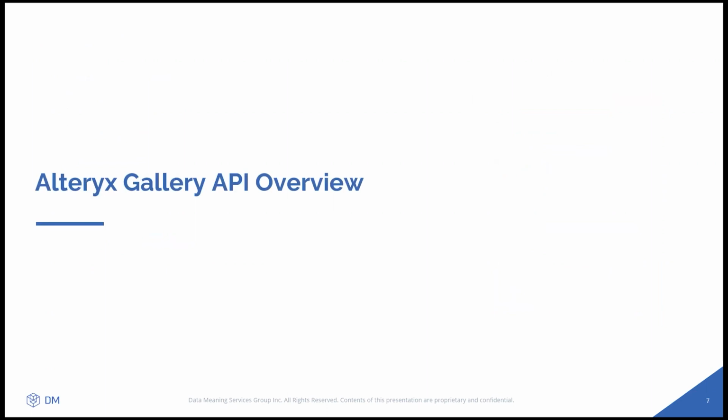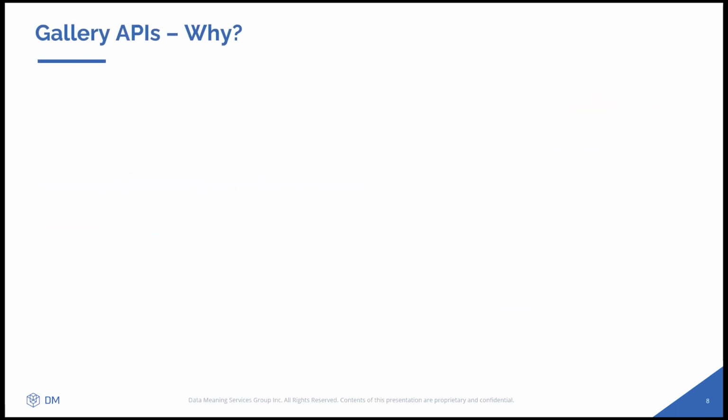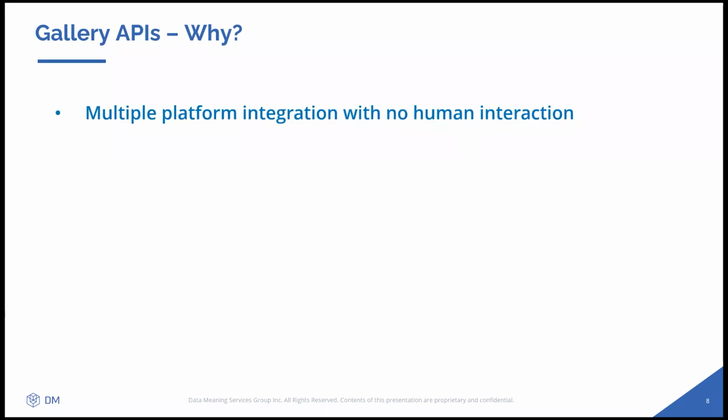All right. So Alteryx Gallery API overview. Why should we use the Gallery API? The first reason is that it is going to enable multi-platform integration with no human interaction.